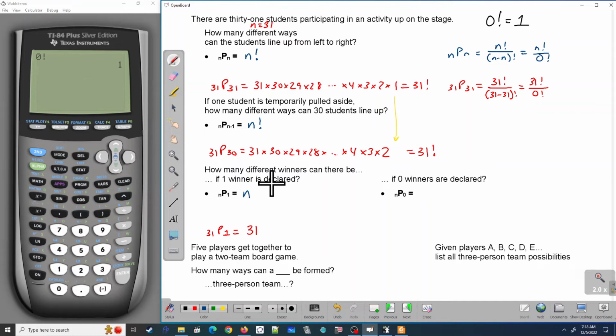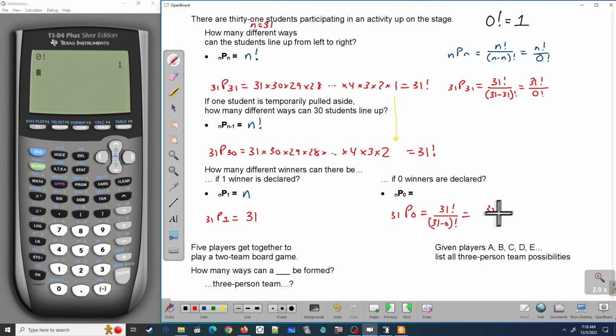At the same time, if I'm going to have 0 winners declared, meaning none of you are winners. You didn't win, you didn't win. How am I going to choose no winners? Well, if I actually did the math, I would have gone 31 factorial over 31 minus 0 factorial. Now again, I'm not talking about this 0 factorial because it's not distributive.